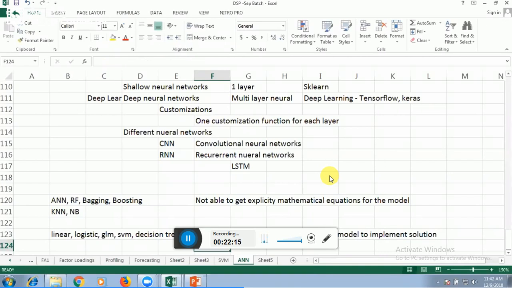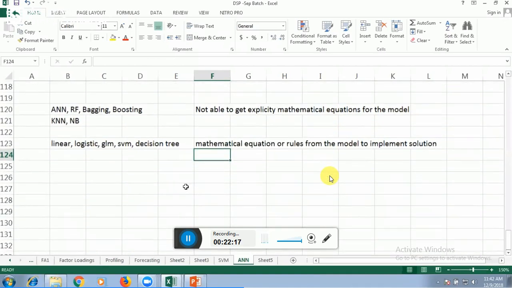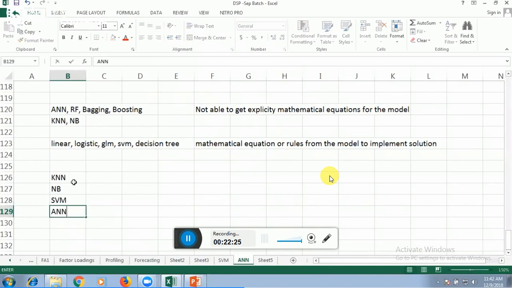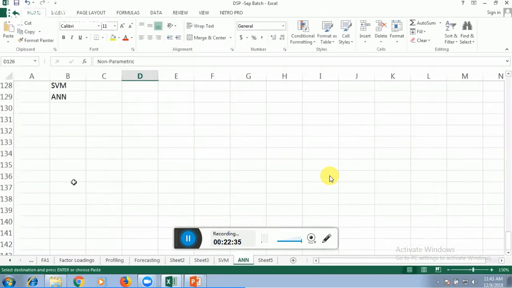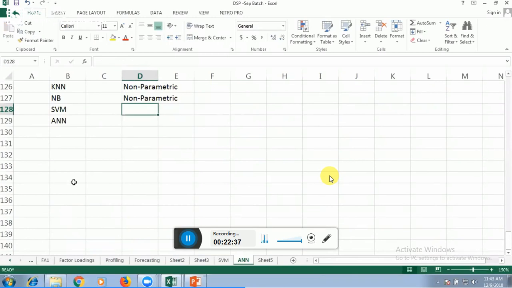Now what we will do is implement all these four things: KNN, Naive Bayes, SVM, and ANN. As I said, KNN and Naive Bayes are non-parametric methods, and here parametric methods.